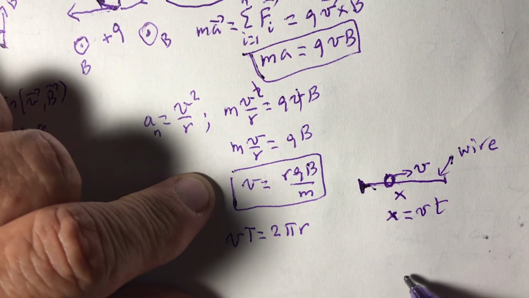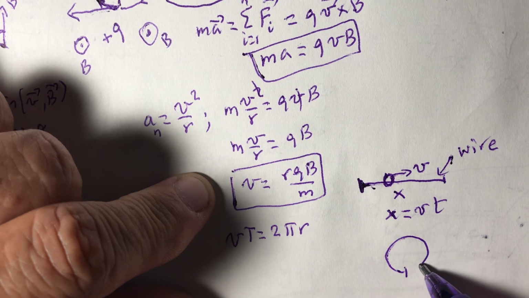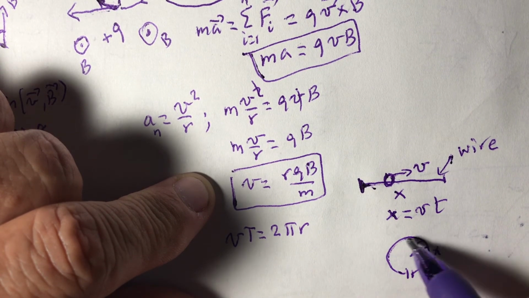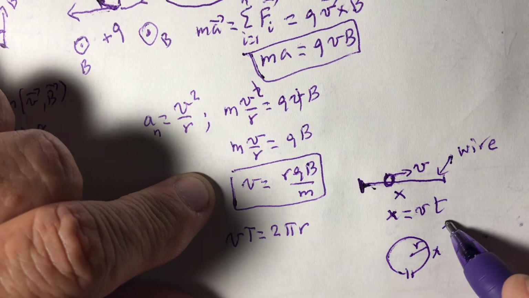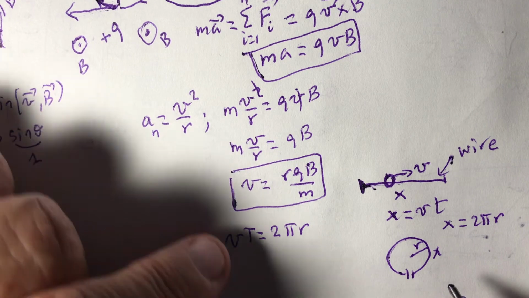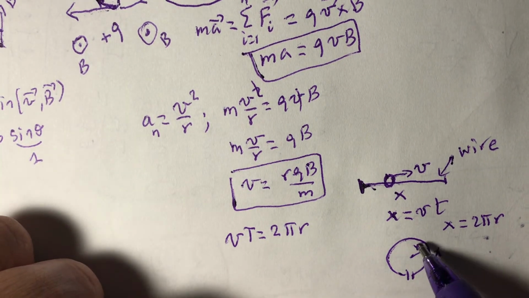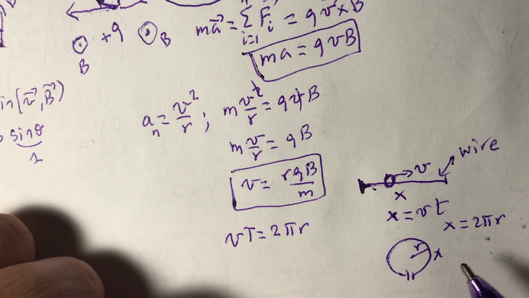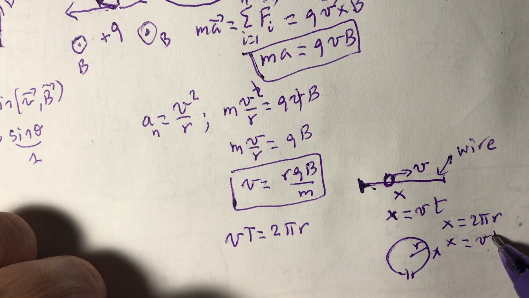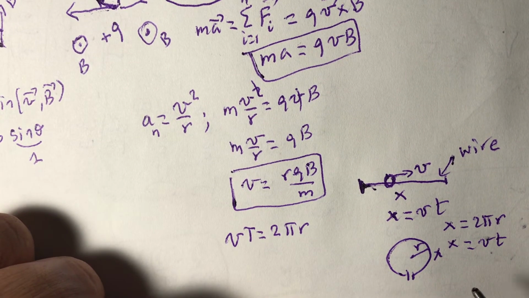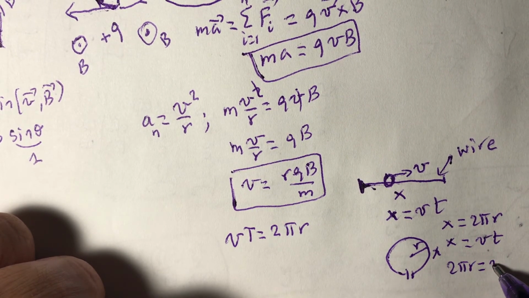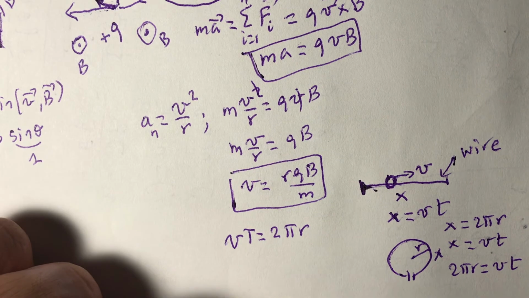Now if I take this wire and bend it into a circle like that, this will still be x, but this will be r. Now this x is the circumference, which is 2 pi r, but since x is equal to vt, now I have 2 pi r is equal to vt.